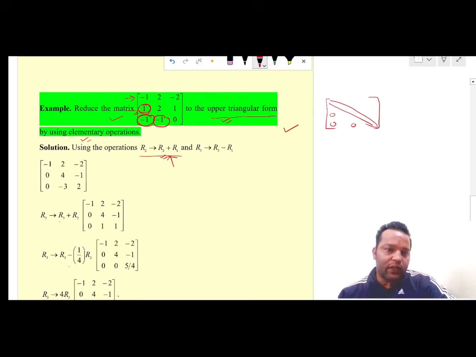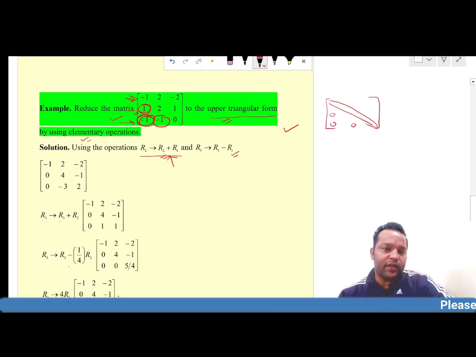And this -1 is again reduced into 0 with the help of this -1 by using the operation R3 minus R1. Therefore, this entry becomes -1 minus -1, that is 0.